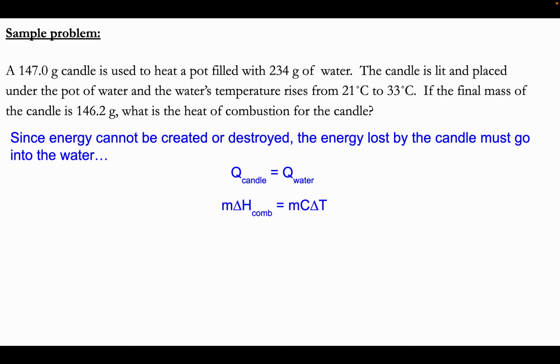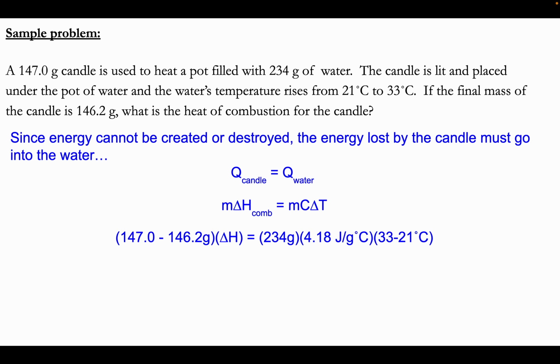So the candle itself is not changing temperature, so we can't use a delta T on that side of the equation. All that's happening is the candle is burning. The wax is evaporating, catching on fire, and releasing heat. So that is an M delta H. And the water isn't doing anything fancy either. It's not boiling, it's not freezing or melting. So we use the MC delta T because the water is changing temperature on that side.